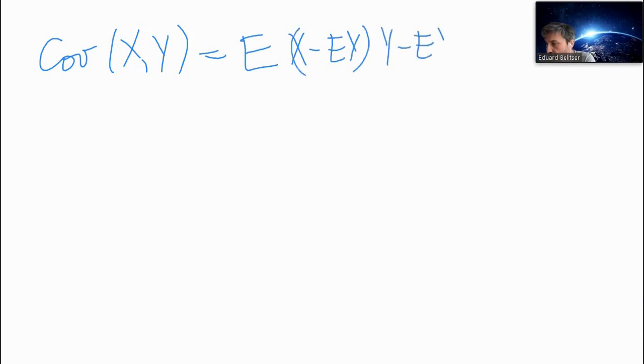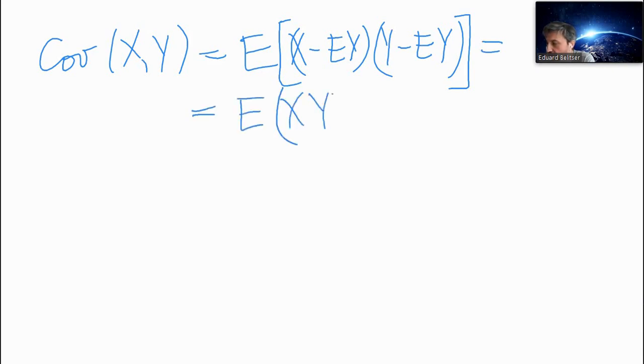Just the definition of that. Just take these two random variables and multiply them, and that's one definition. An equivalent definition is this. You just work this out and you see that this is the same. So you could use either the first one or the second.